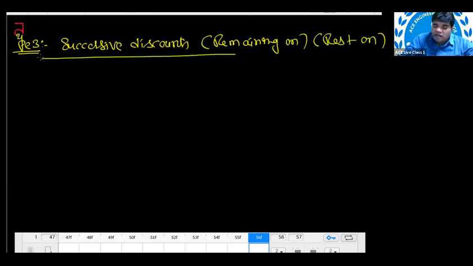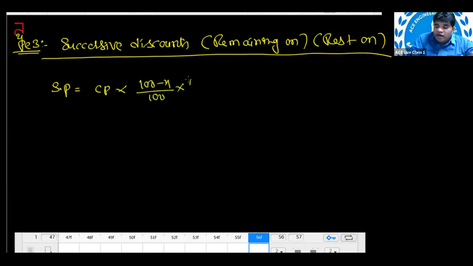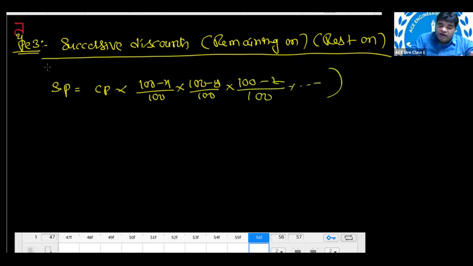This concept was already given. Remaining on means, what is the final selling price? Selling price is equal to cost price into (100 minus X) by 100 into (100 minus Y) by 100. Do you remember this formula from yesterday, all of you friends? Initial value is given, it is asking for the final value. Final value means the final selling price.